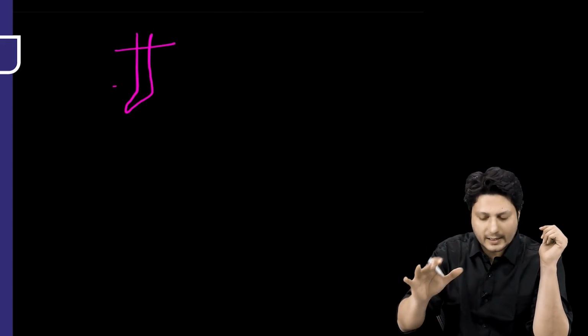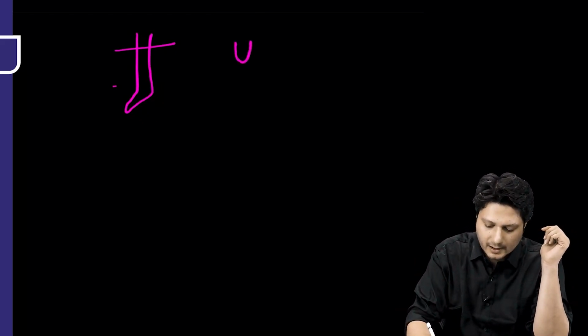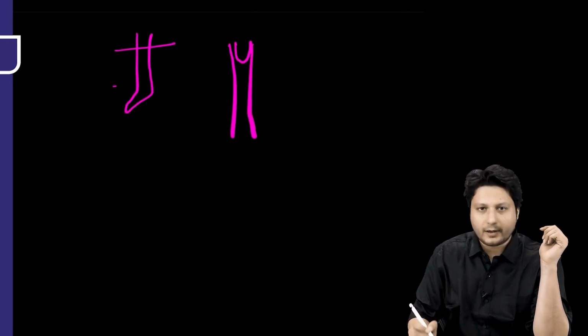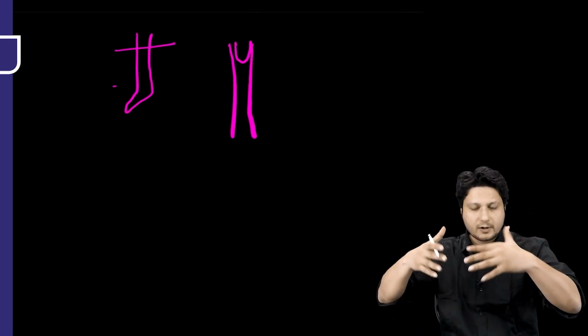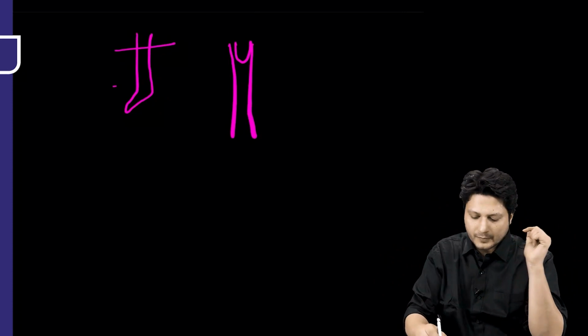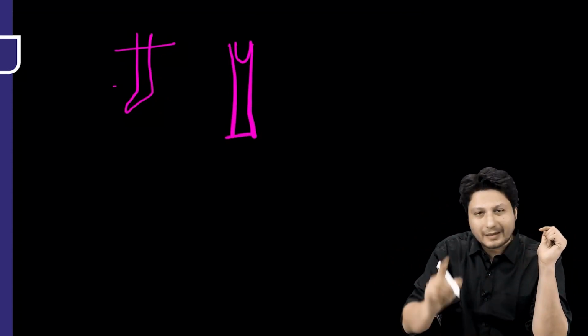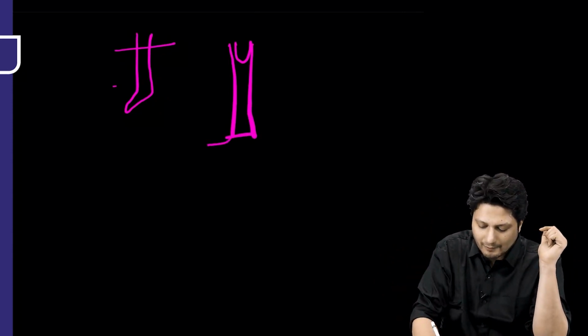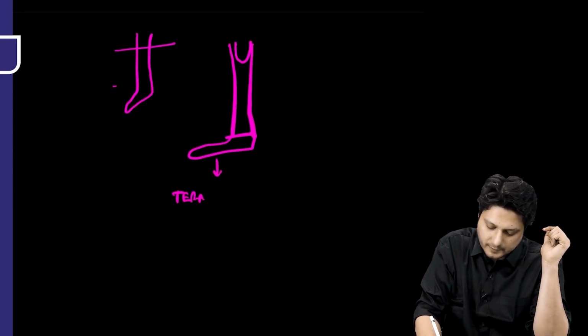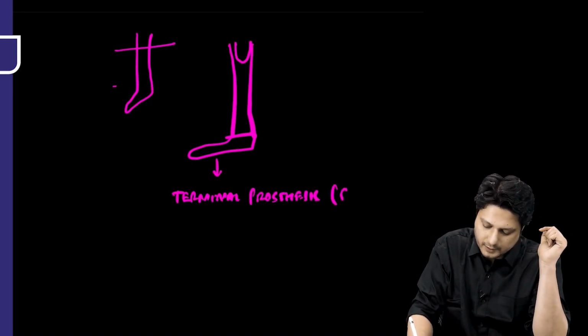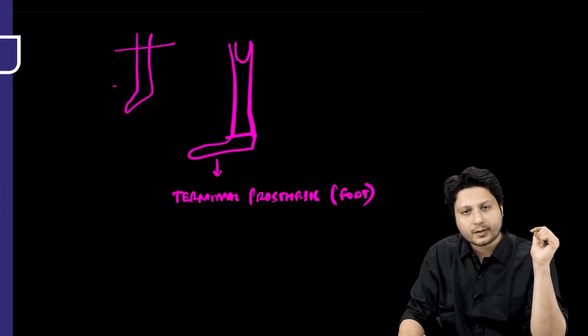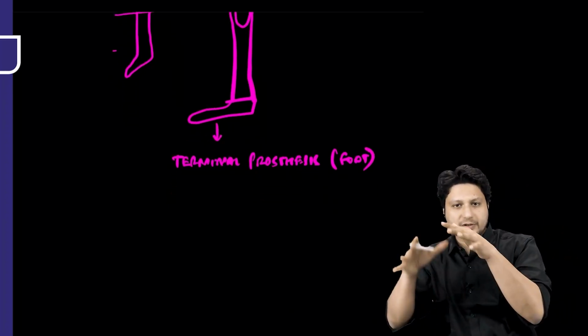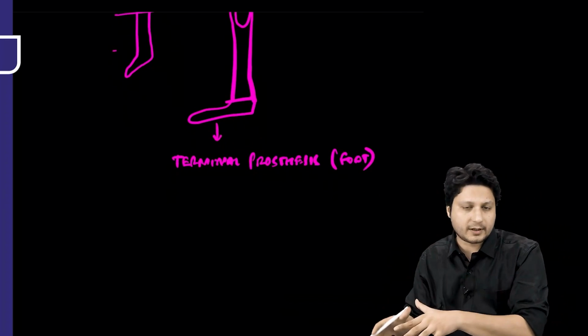After performing a below knee amputation, when the wound is healthy, then you give a prosthesis. That prosthesis would obviously be provided in the form of a leg, an artificial leg. But this artificial leg also has a terminal prosthesis, and that terminal prosthesis is a foot. That means an artificial foot, the part of the prosthesis which gains contact with the ground.